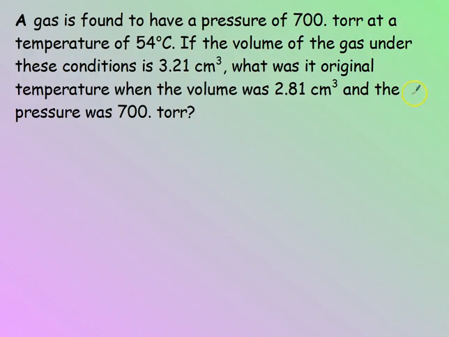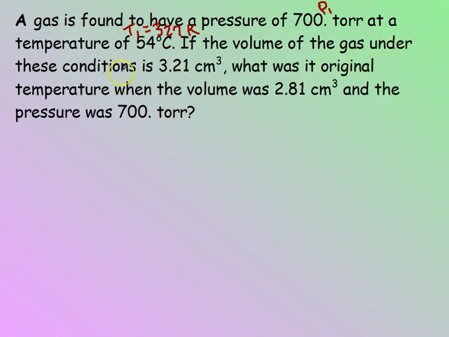In this one, it's a little tricky because it says a gas is found to have a pressure of 700 torr. So they give me a pressure here, pressure 1, at a temperature of 54 degrees Celsius. So this is temperature 1, but remember, I have to add 273 because it is in degrees Celsius. So 273 plus 54, I got 327 Kelvin.